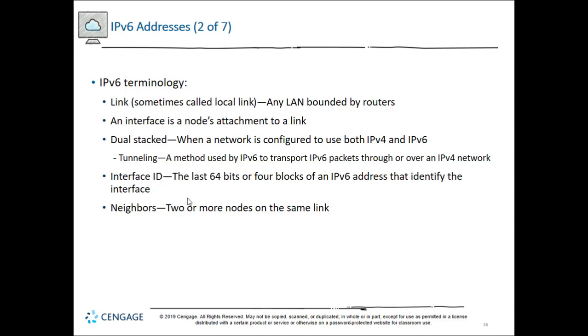It identifies your node. So the interface ID is the second 64 bits, the second half of your IPv6 address. That, folks, is your ID, your interface ID. Now, 2 or more nodes that are on the same link, we just call them neighbors.